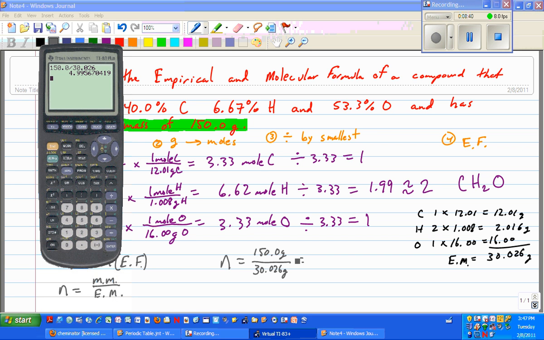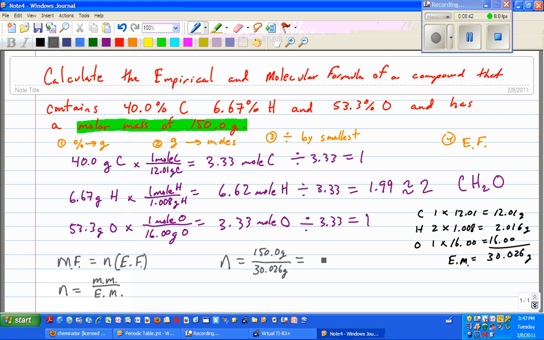That becomes 4.996 because I had a 6 after that 5, which makes that round up. We're definitely less than a tenth away, so this is going to be approximately 5. So n is 5.